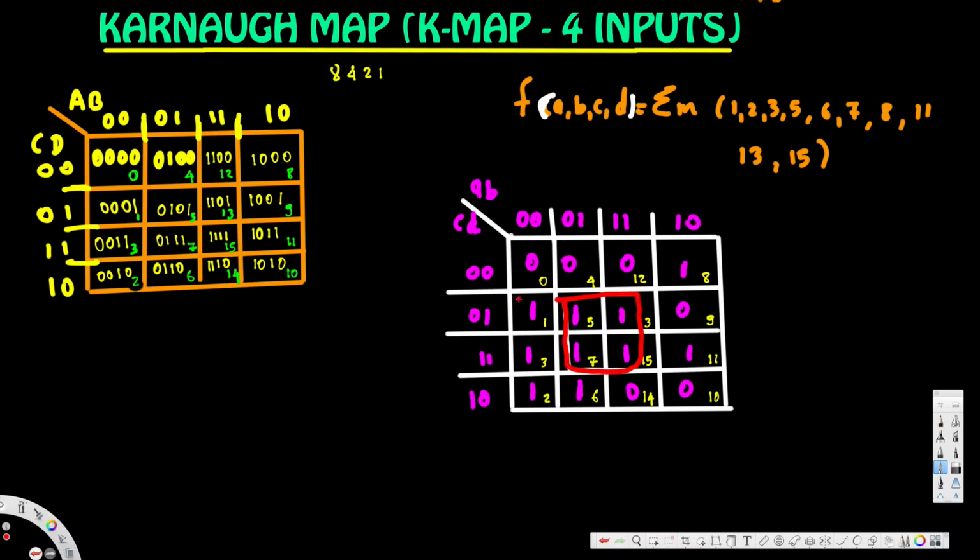This is 1, and also we can combine these 4 together, and also these 4 together in the bottom, and also we can combine these whole 4 together. Okay, and also this one is left alone, we don't have any other choices, so we have to do this one alone.